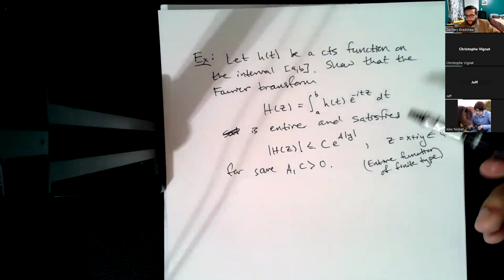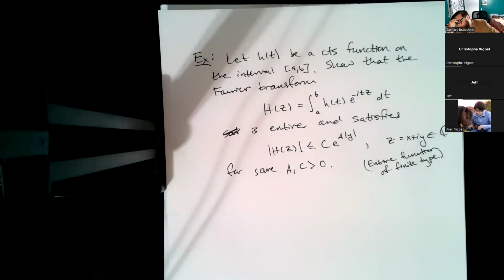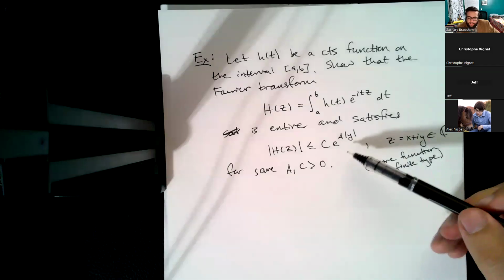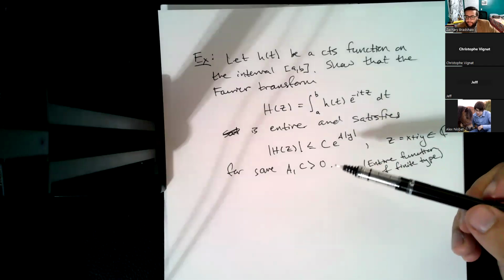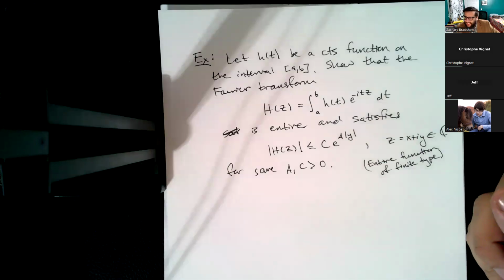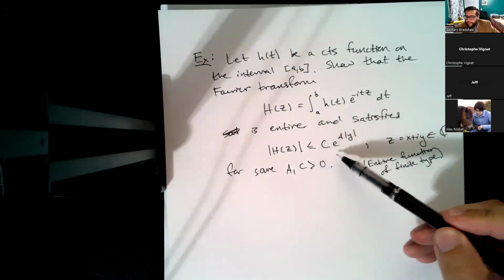And something very, very close to this is an assumption in the hypothesis of Ramanujan's master theorem. We assume that we have a power series with coefficients, and the coefficients can be analytically continued to some kind of analytic function in the right half plane, I think, satisfying a bound very similar to this.